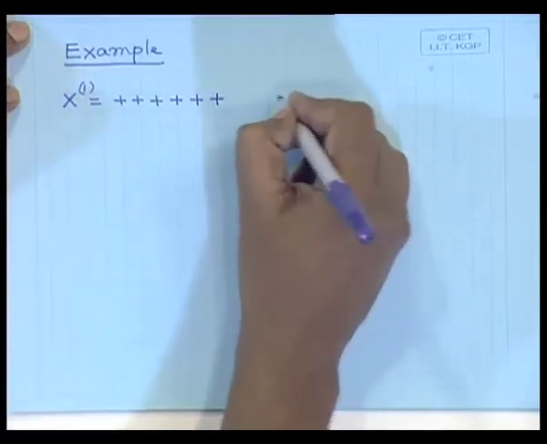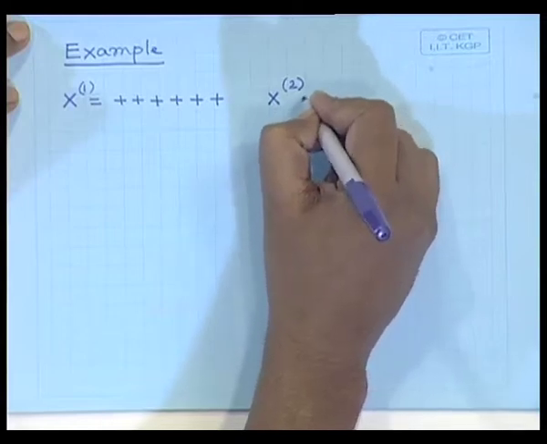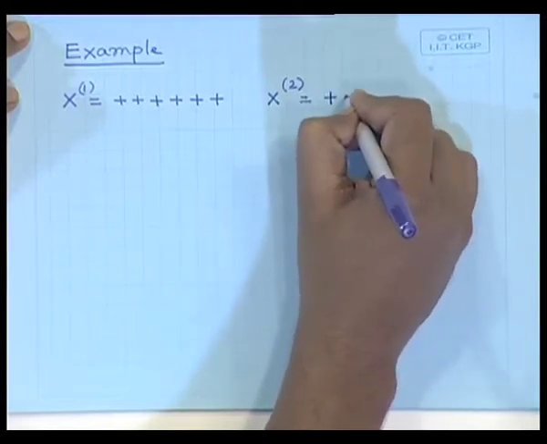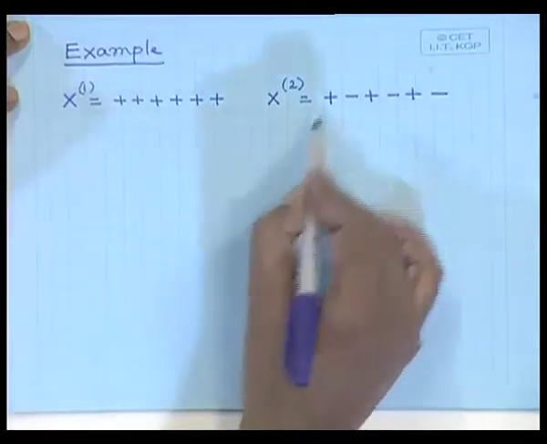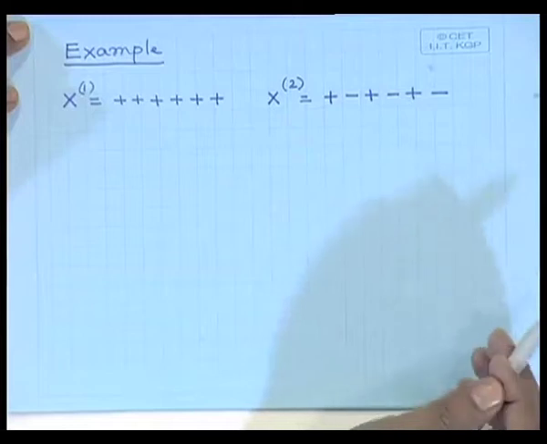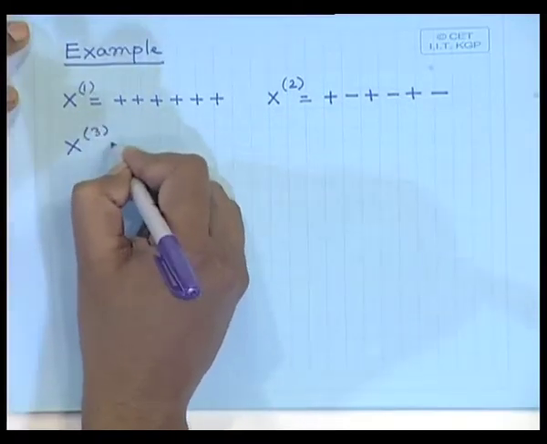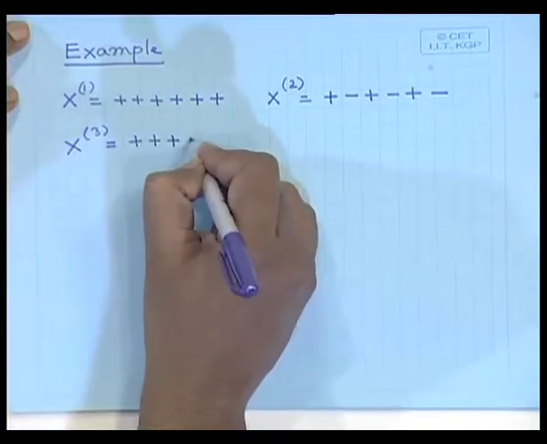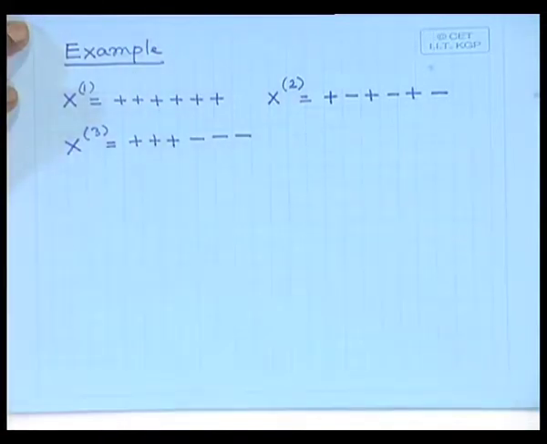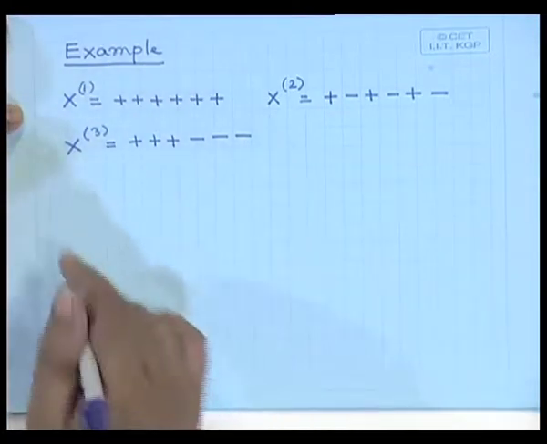The second one is x2, which is +1 -1 +1 -1 +1 -1, and the third feature vector is x3. So, all the 3 are 6-bit feature vectors. I have to compute the different connection weights.